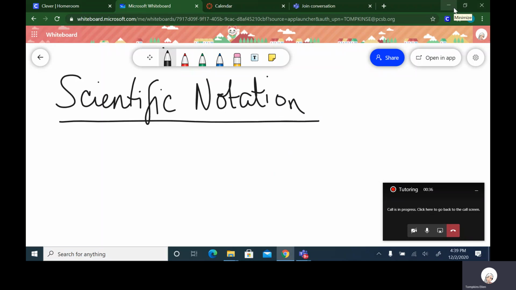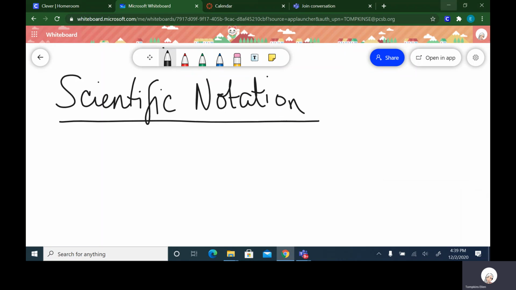All right, so we're talking about scientific notation. Scientific notation is used for very, very large numbers, like the distance between Earth and Jupiter, or very, very tiny numbers, like the width of one strand of hair, or if you're measuring a bacteria or cell.